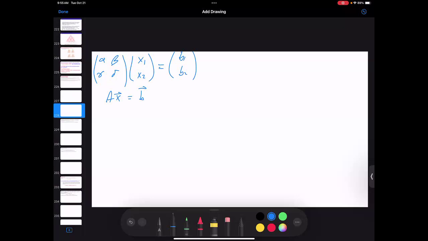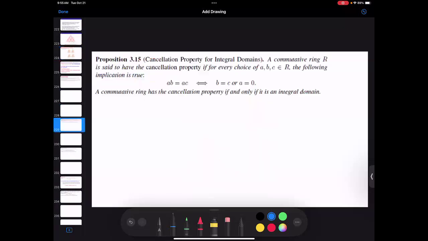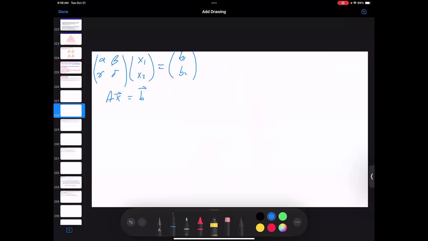The first one, alpha x1 plus beta x2 equals b1, gamma x1 plus delta x2 equals b2. This is saying no matter what 2 lines I give you, they intersect.